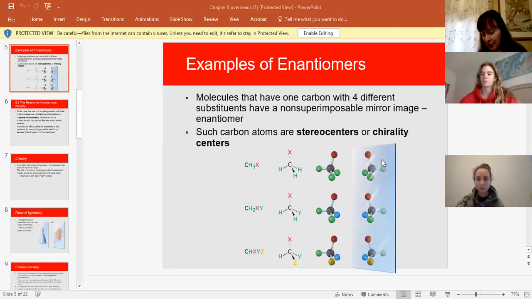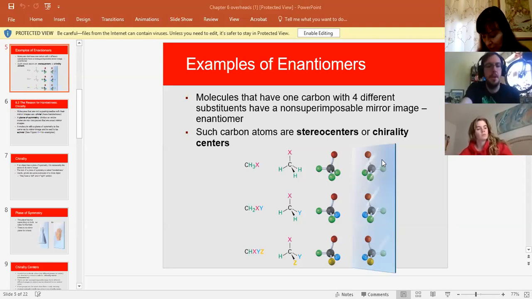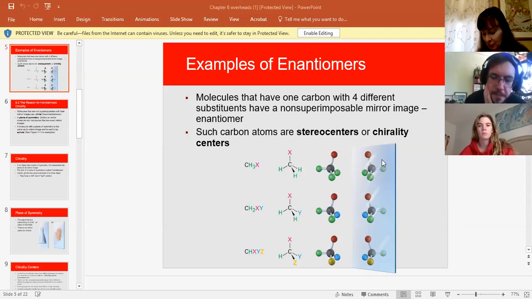Did anybody attempt to work on the problems that are posted on Moodle and have any difficulties with these problems? I was having a problem with the last, I think it was the last problem 4, because it's attached to 4 different molecules, but 2 of them are carbons that are then attached to different things.